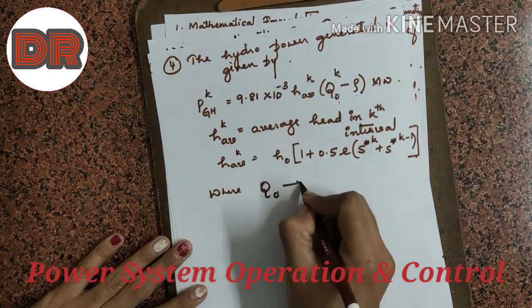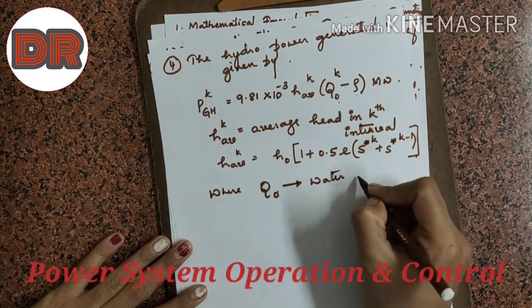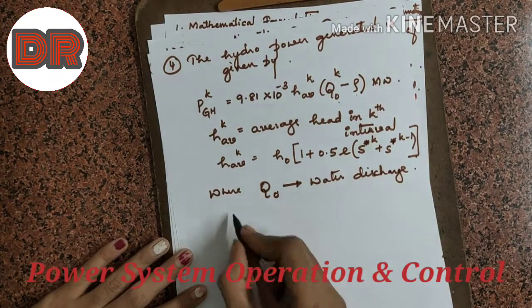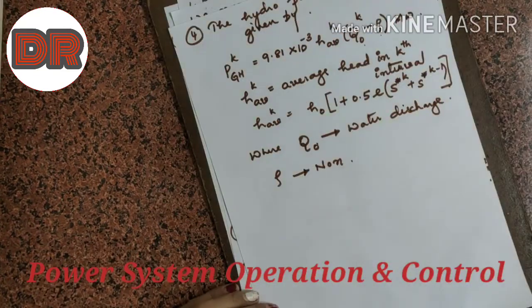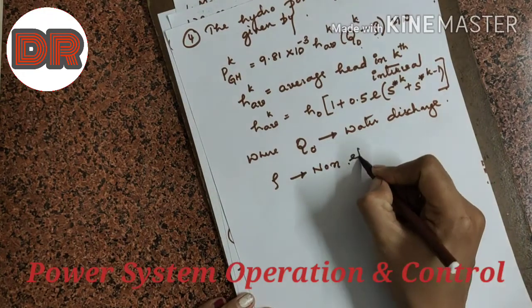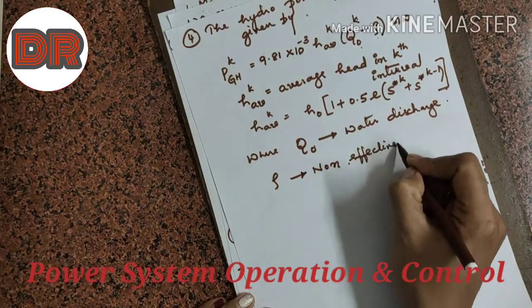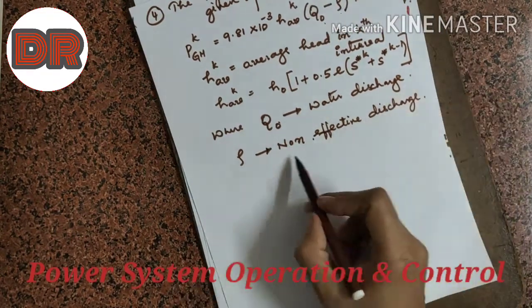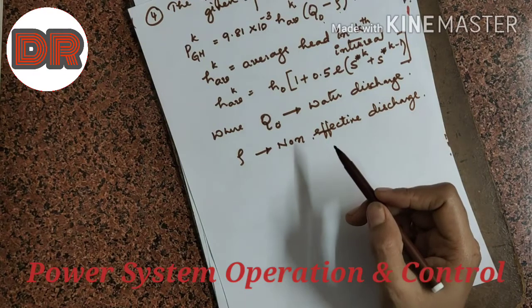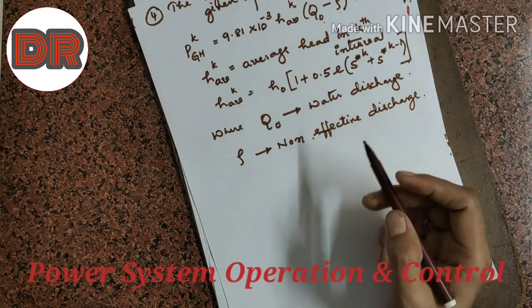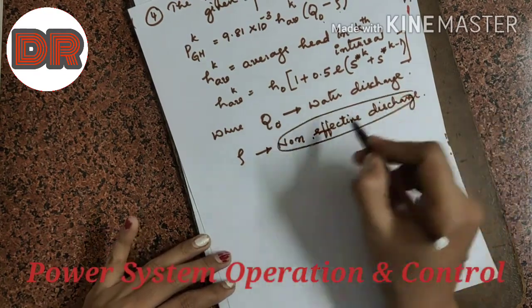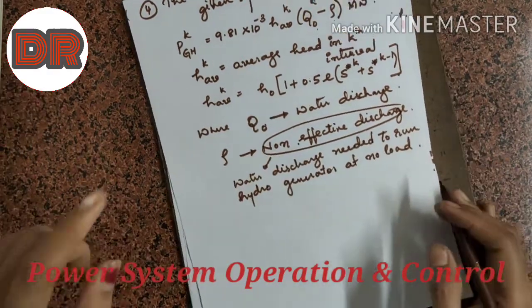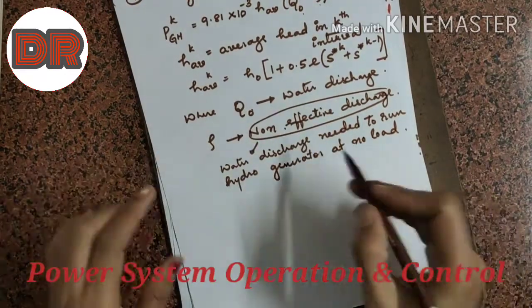Q naught is the water discharge, and rho is the non-effective discharge.